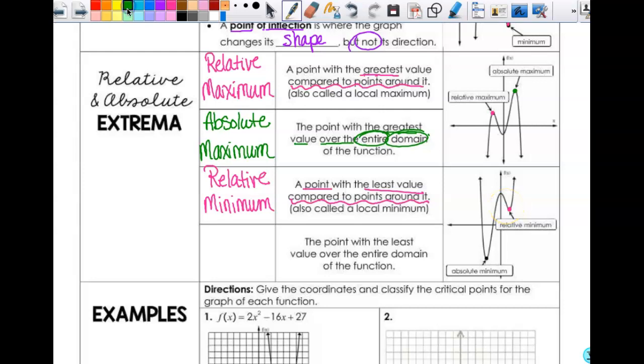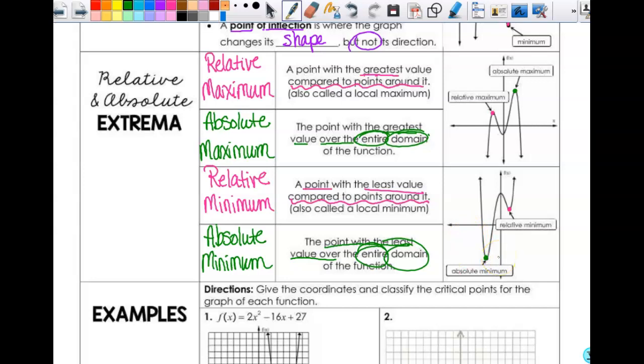Then we have the point with the least value over the entire domain. That's going to be your absolute minimum. We will abbreviate these when we answer the questions, but I didn't want it abbreviated right now. So absolute, least value overall in the function.